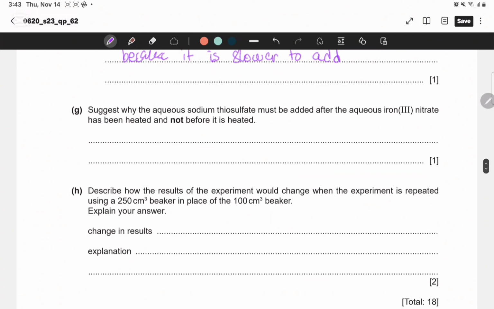Okay, and then here: suggest why the aqueous sodium thiosulfate must be added after the aqueous iron nitrate has been heated and not before it has been heated. Okay, so let's say this is my iron nitrate, and I'm supposed to heat it.